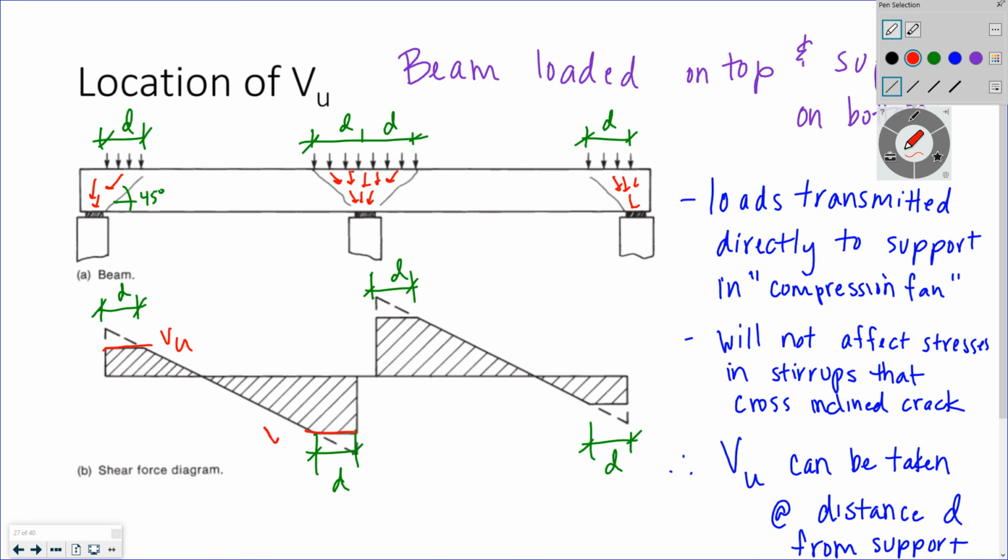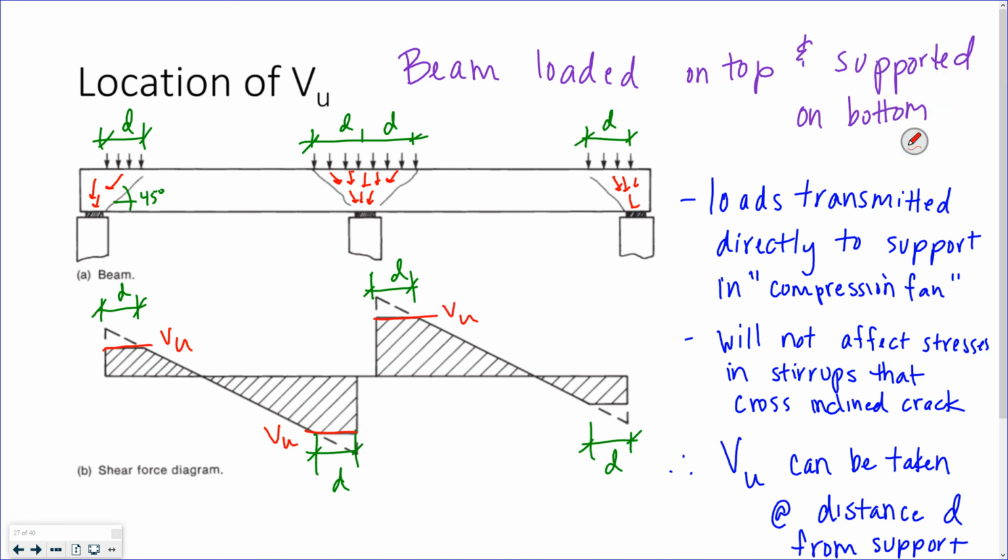So I cut off that little peak, because all of the load is actually transmitted right to the support, and it's not going to affect those stresses.